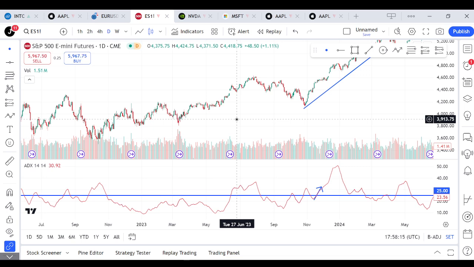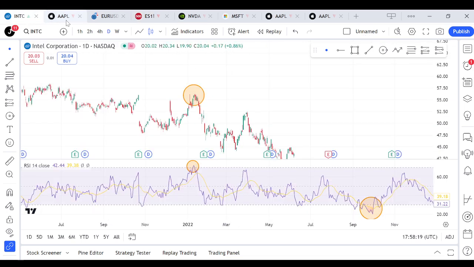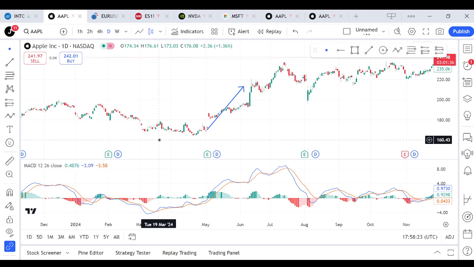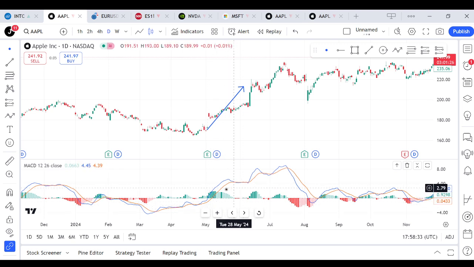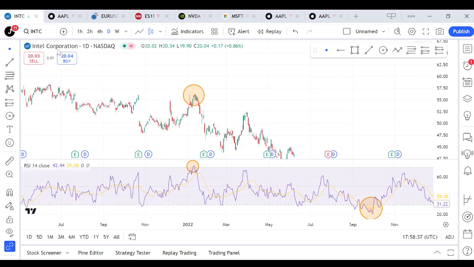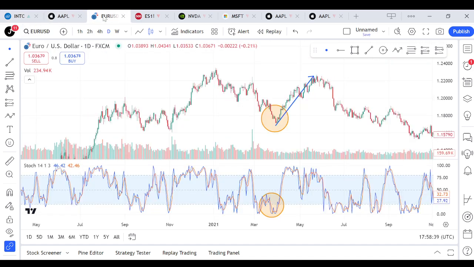So typically for the RSI and I guess the MACD also, when price crosses above the zero line during uptrends, when the MACD, I would say the MACD, not the RSI, MACD.